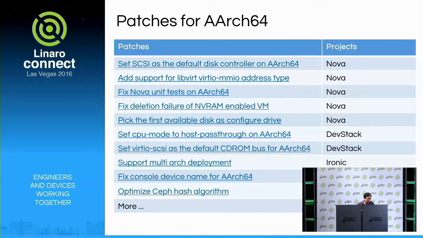So we proposed this patch to the community to support a general solution, so you can use Ironic to deploy a cloud with hybrid architectures. For example, it makes sense to build a cloud with x86 compute nodes and use Aarch64 as the storage nodes.